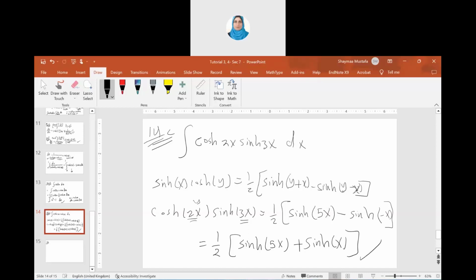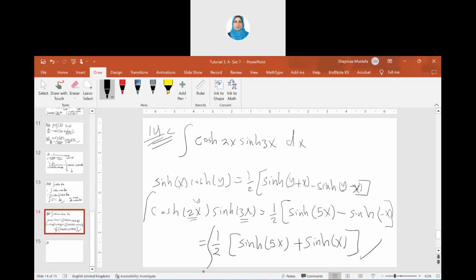Now you can integrate this part, it is easy to integrate. This is the idea of 14c.